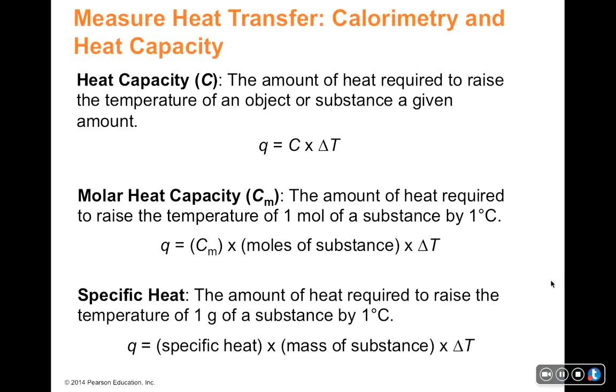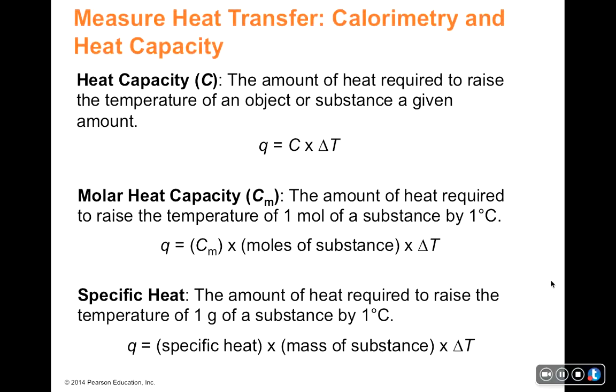One of the things to pay attention to when you are asked these types of problems is to understand what it is that they're asking for, so you know which of the three formulas to be using. So pay close attention to the wording of the problem to see if they're asking for heat capacity, molar heat capacity, or specific heat. Or alternatively, if they're giving you one of those three values in the problem.